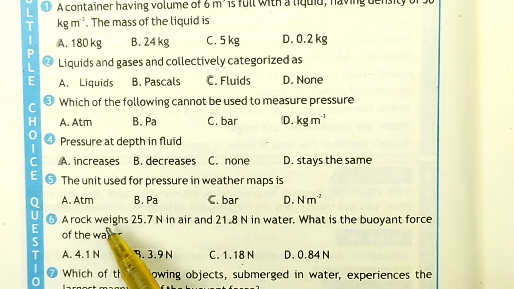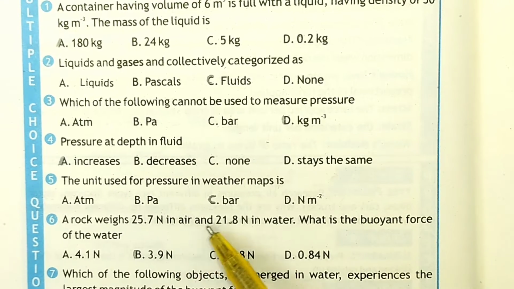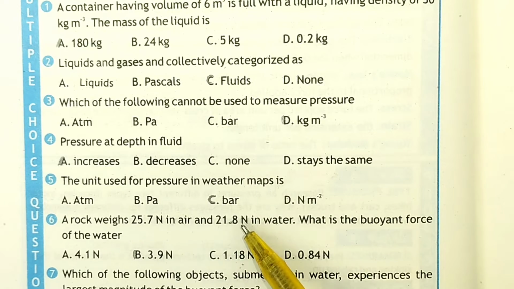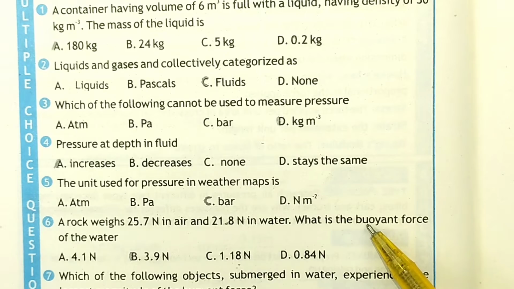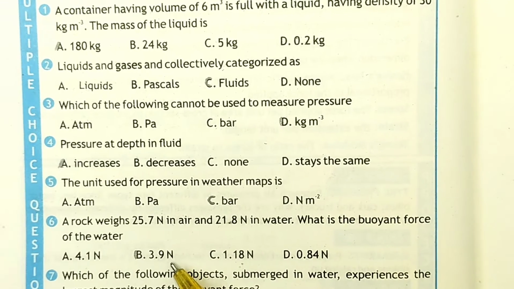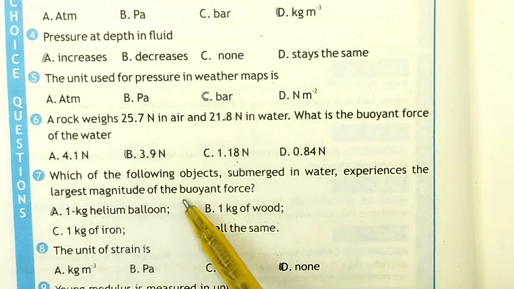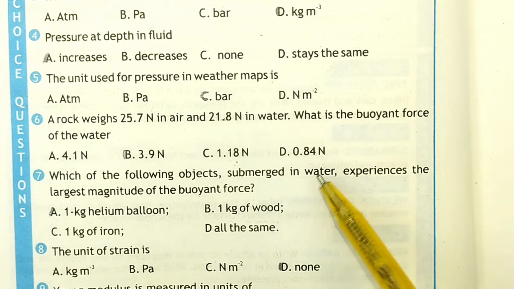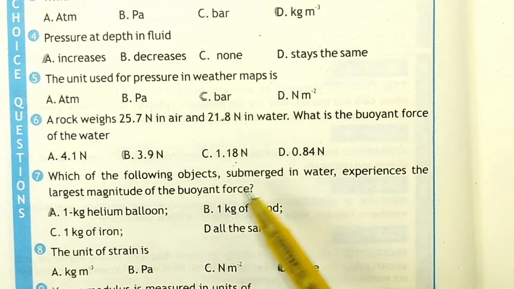Question number 6: a rock weighs 25.7 Newton in air and 21.8 Newton in water. What is the buoyant force of the water? Option B, 3.9 Newton. Question number 7: which of the following objects submerged in water experiences the largest magnitude of the buoyant force?